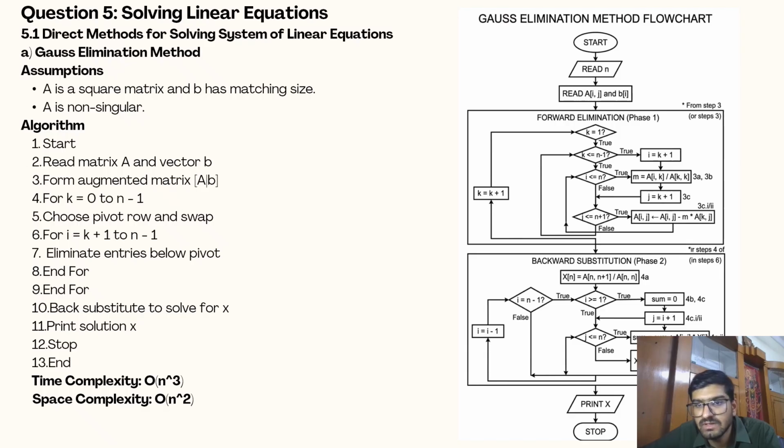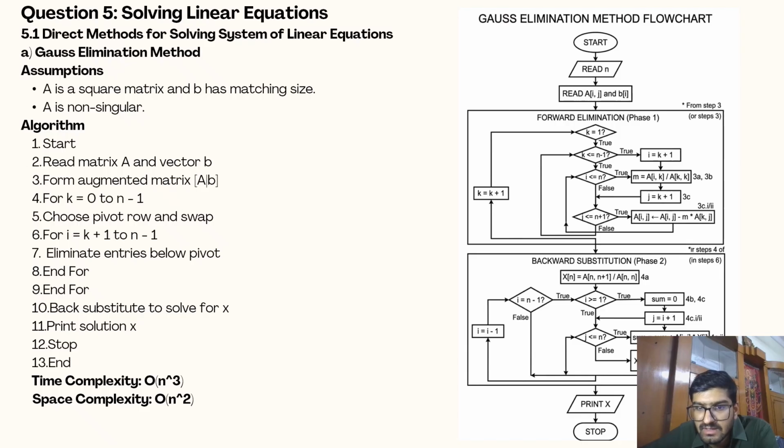In the backward substitution, x of n is equal to a of n comma n plus 1 divided by a of n comma n, and for i greater than or equal to 1, the sum is equal to 0, then j equals i plus 1, and we compute the value of sum. After that, we check whether j is less than n.